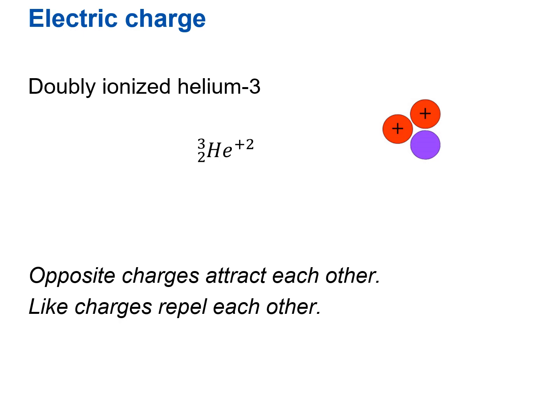And somewhere in the vicinity, there's most likely going to be a stray electron somewhere, and the electron is negative. And it is attractive then to this doubly ionized helium-3. So being attractive, it will tend to go towards it. It'll be pulled towards it, and it will eventually join the helium-3 nucleus.